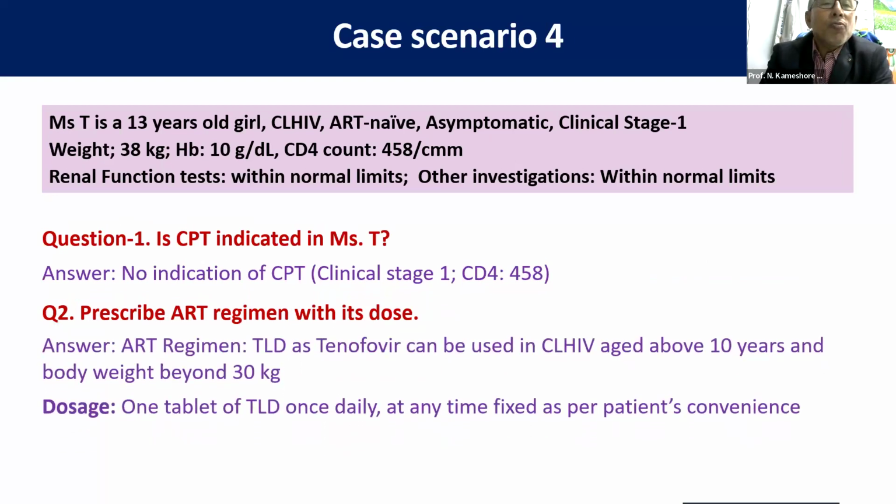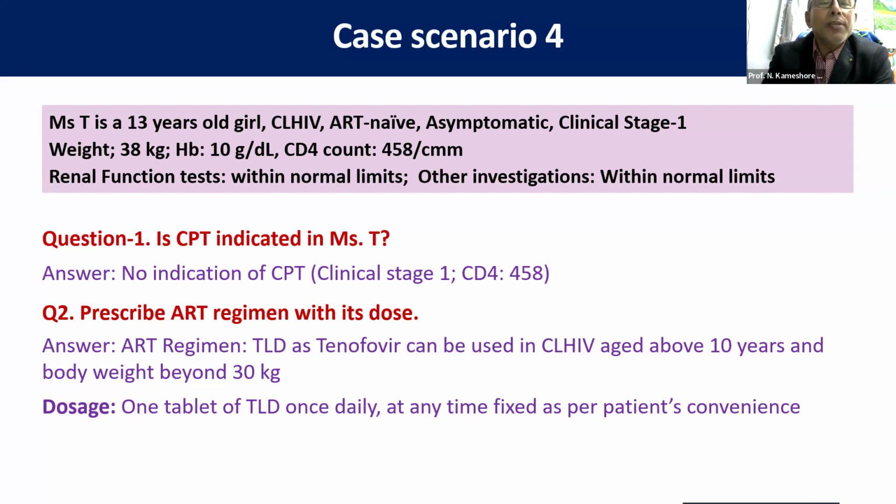Case scenario 4. Miss T is a 13 year old girl, child living with HIV, ART naive, asymptomatic, clinical stage 1, weight is 38 kg, hemoglobin is 10 gram per deciliter, CD4 count is 458. Renal function test is within normal limits, other investigations are within normal limits.